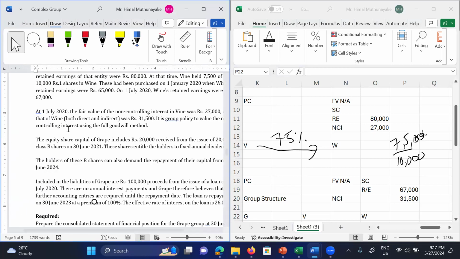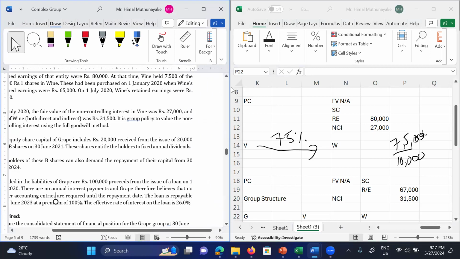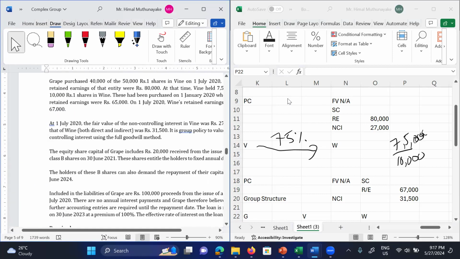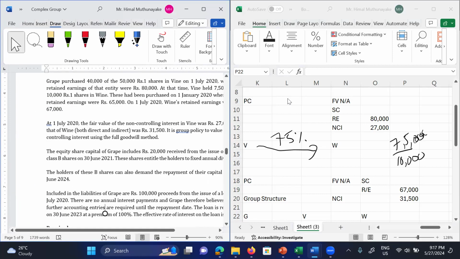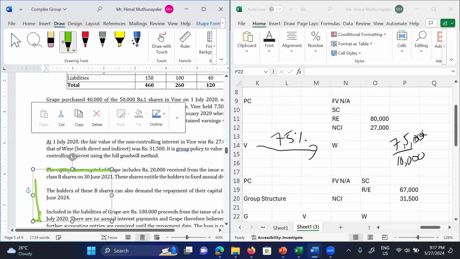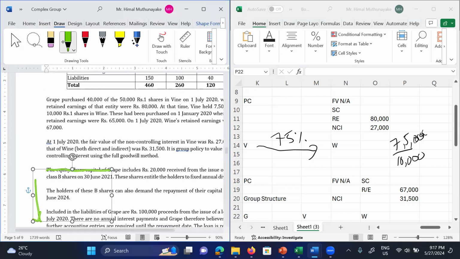I will look at these paragraphs later when we are discussing the question. At this moment, I will stop from this point and take up these things in the later part of the discussion.